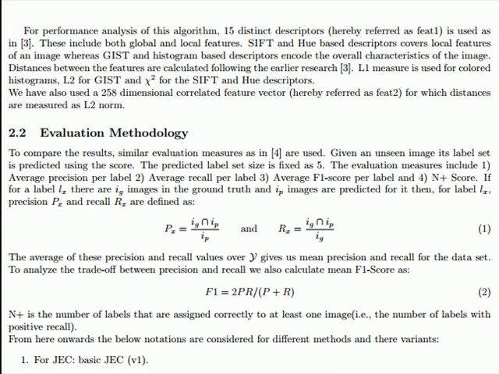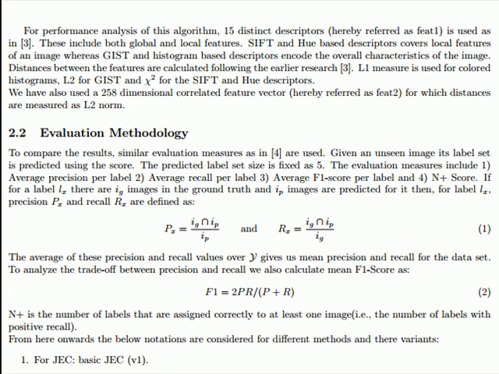Now, for evaluating the features of the images, we are using 15 distinctive descriptors, which include SIFT and hue-based descriptors. And to cover the overall characteristics of the image, we are using histogram and gist-based descriptors. It is very clear that nearest neighbor based approaches highly depend on what kind of distance measures are used.